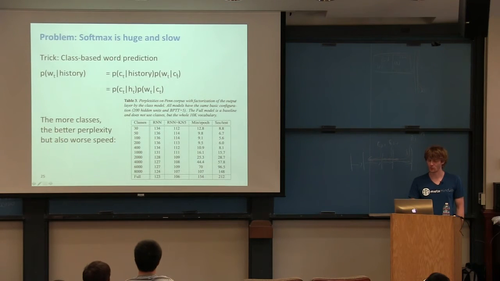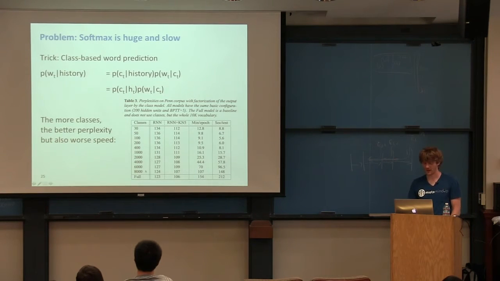Let's say each class has maybe 1,000 words in it, and I have 1,000 classes, right? Now I still have a 1,000,000 word vocabulary, but for one class, I only need to do backprop and multiplication for exactly that class. And in our case, the history is just the previous hidden vector ht.